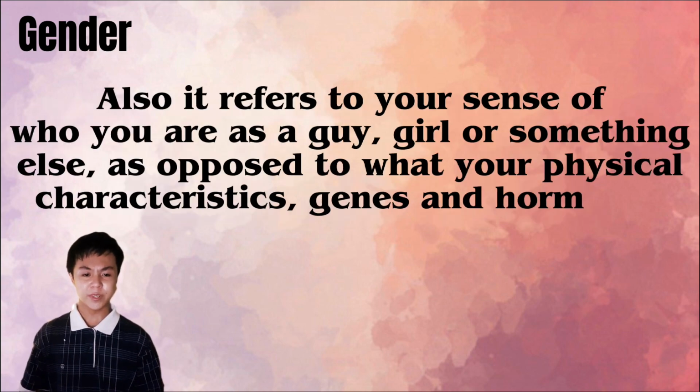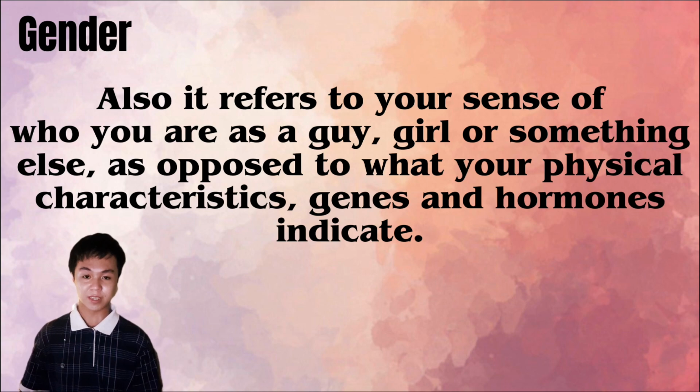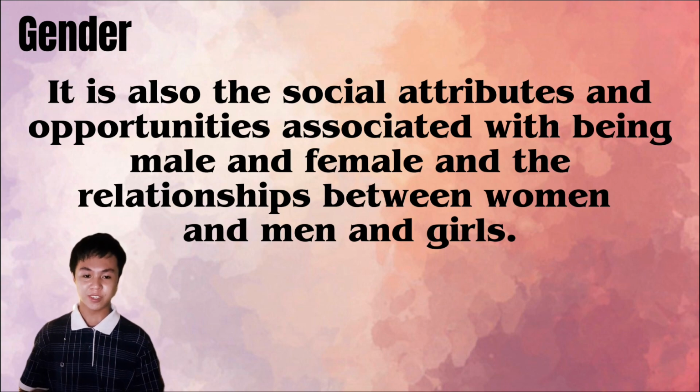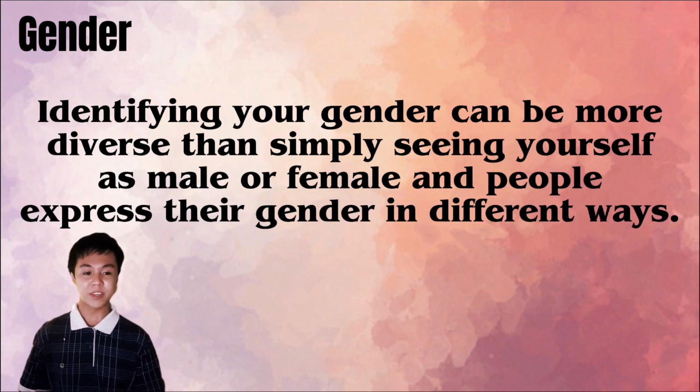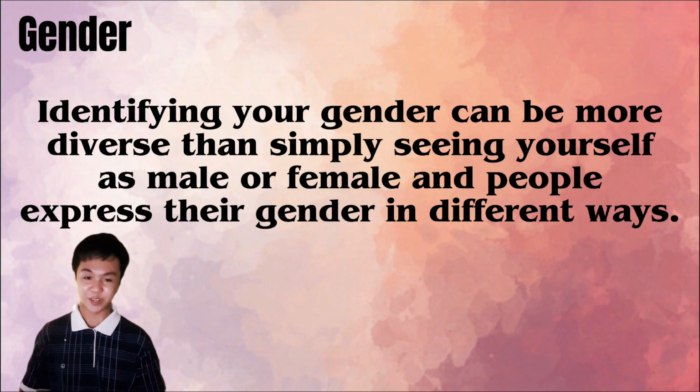Also, it refers to your sense of who you are as a guy, girl, or something else, as opposed to what your physical characteristics, genes, and hormones indicate. It is also the social attributes and opportunities associated with being male and female, and the relationships between women and men and girls. Identifying your gender can be more diverse than simply seeing yourself as male or female, and people express their genders in different ways.